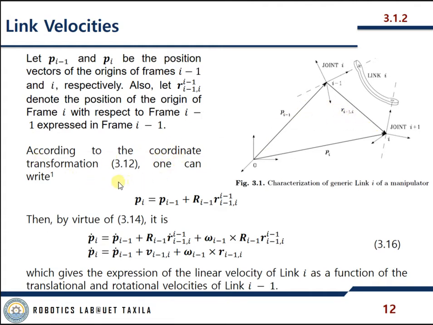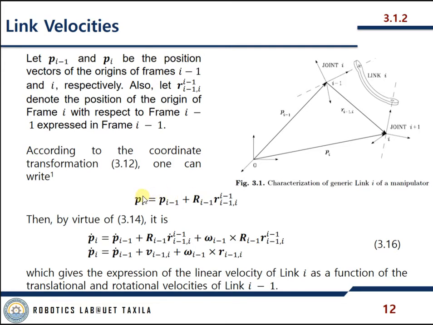According to the coordinate transformation 3.12, one can write this vector p_i is equal to p_{i-1} and then the rotation matrix R_{i-1} to R_0 times r^{i-1}_{i-1,i}. And it is important to mention here that the superscript is 0.